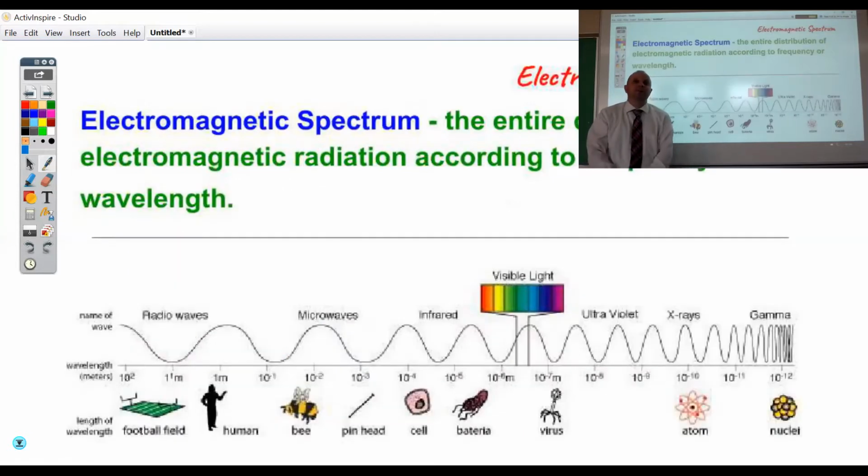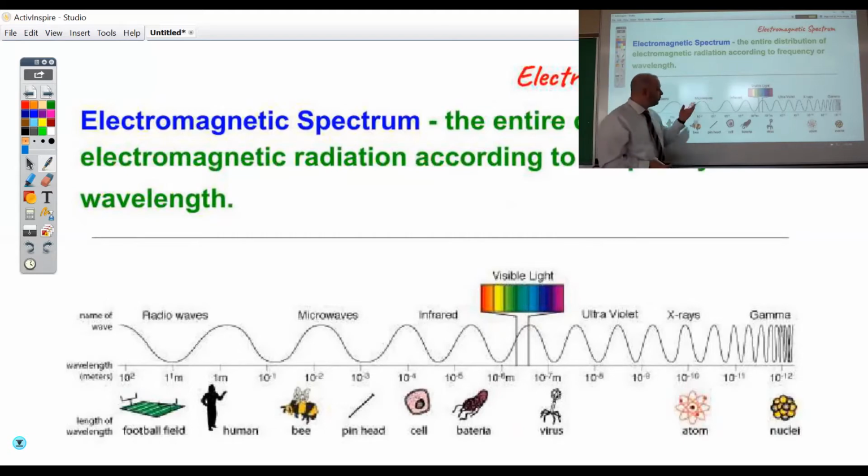The next thing that we're going to talk about is the electromagnetic spectrum. And this is simply a graphic that shows all of the different types of light energy and what their relative wavelengths would be. On the low end, so low in energy, low in frequency, and long wavelength, we'll find radio waves. So radio waves are meters long. So if you notice, they have examples of football field and human.